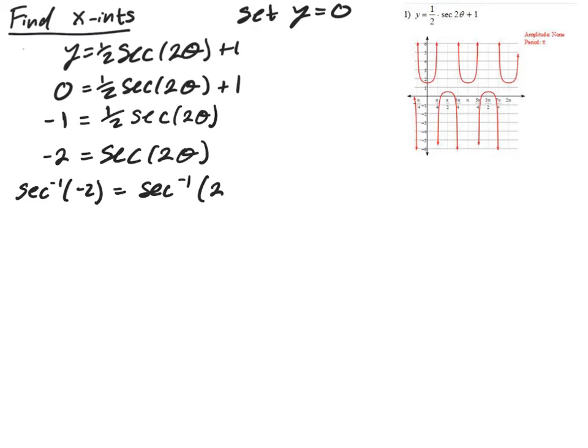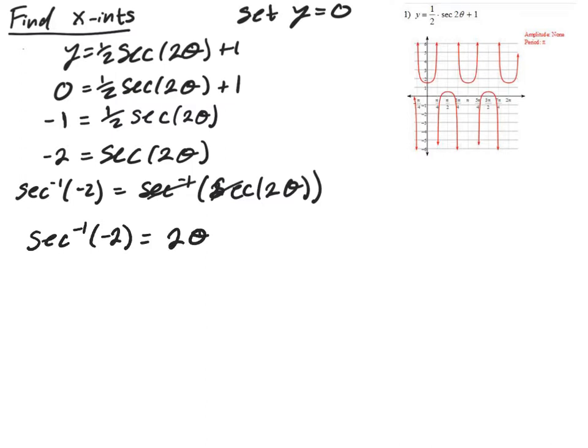Just like any other inverse function, we often say they cancel each other out. So these drop off and we're left with the inverse secant of -2 equals 2 theta.